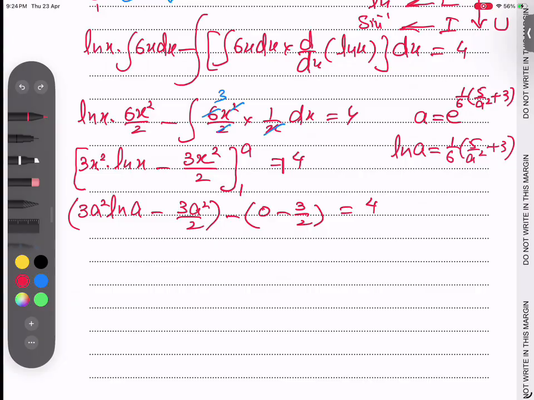And let's try to do it. 3a square log of a minus 3a square by 2 plus 3 by 2 is equal to 4. Okay, after this, I will bring both values to the other side. 3a square ln a alone, and these other values I'm taking to the other side.